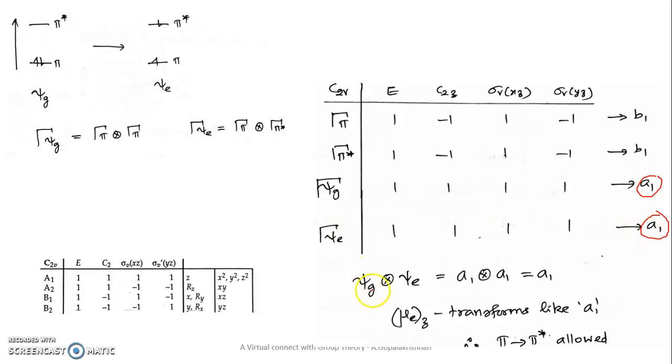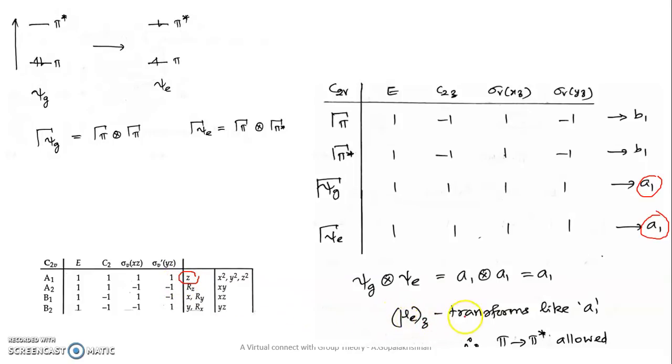Now what you have to do, you multiply these two. You take the direct product of these two first. So A1 into A1, since both are totally symmetric, will give you A1. Now in the character table, along A1, in the third column we have z. So this is mu z.